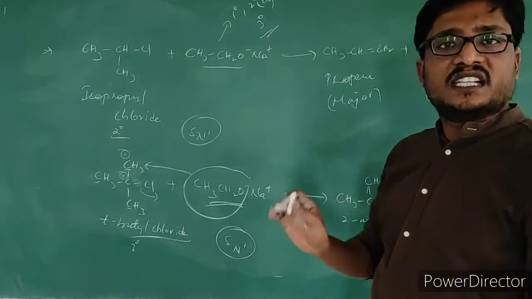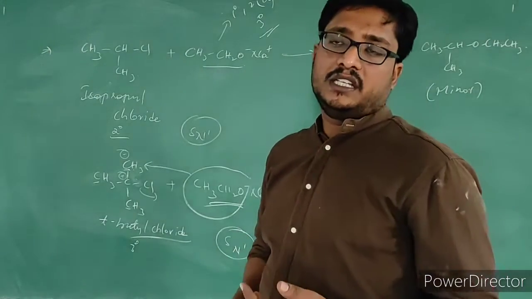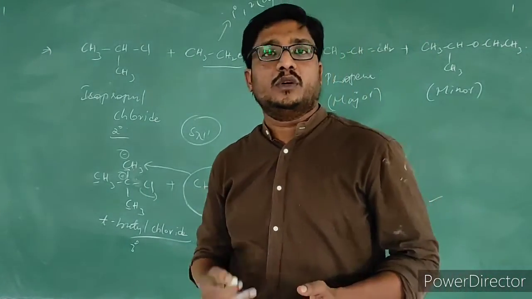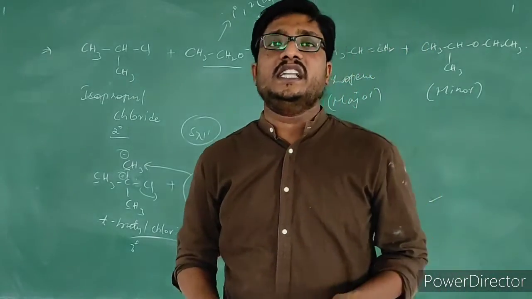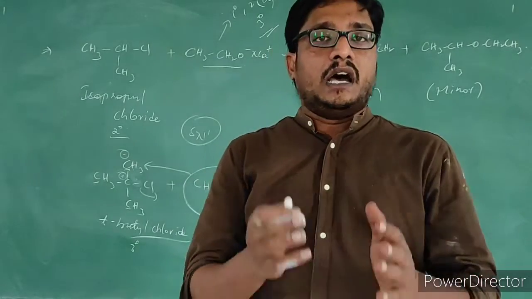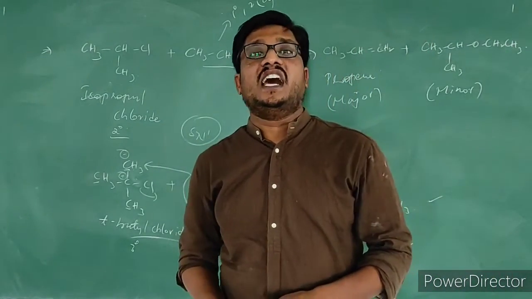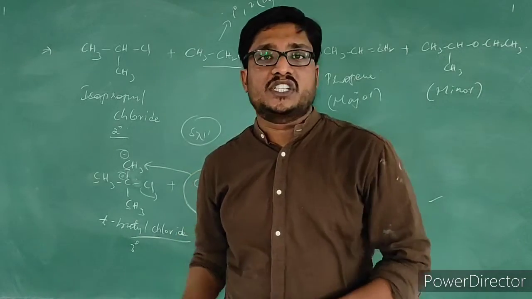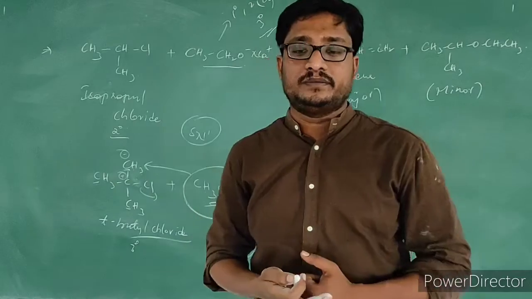We will get ether as the product when we are taking primary, secondary or tertiary sodium alkoxide and reacting that with primary alkyl halide. Our product will be ether only. But when we are changing the alkyl halide to secondary or tertiary, then alkene will be the major product.